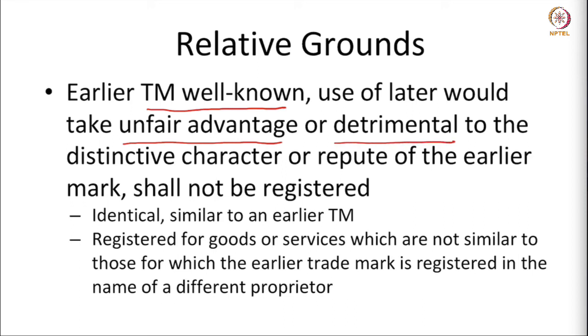Now, for this, the mark has to be identical or similar to the earlier trademark, and it has to be registered for goods or services which are not similar to those for which the earlier trademark is registered in the name of a different proprietor.